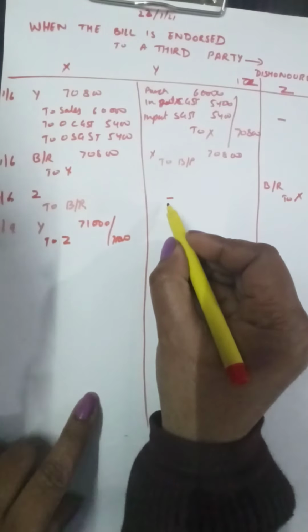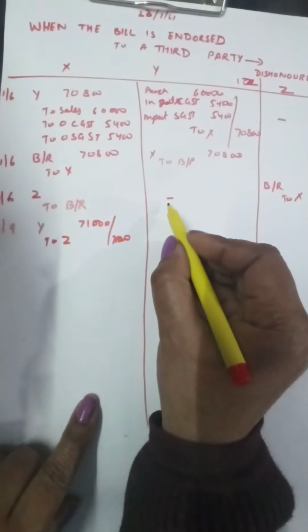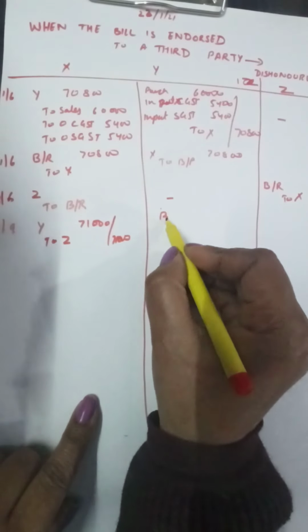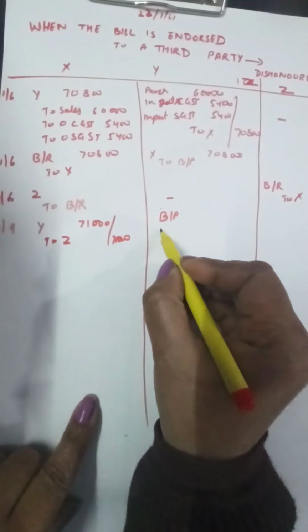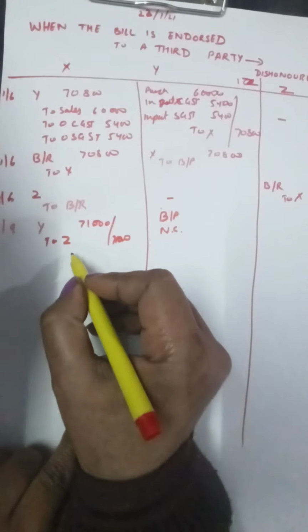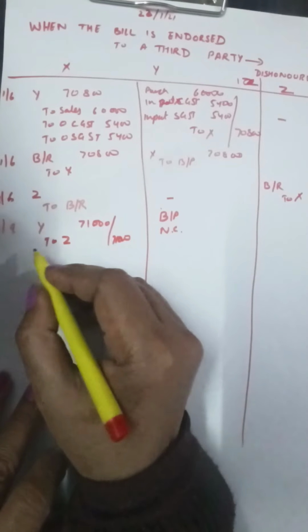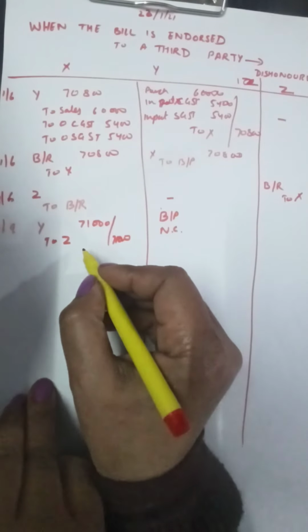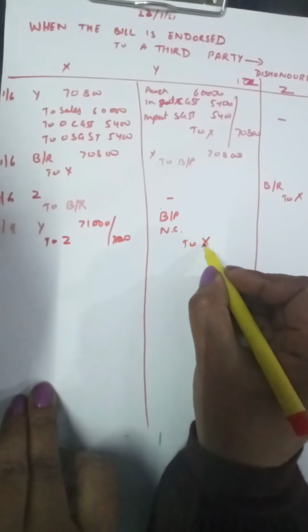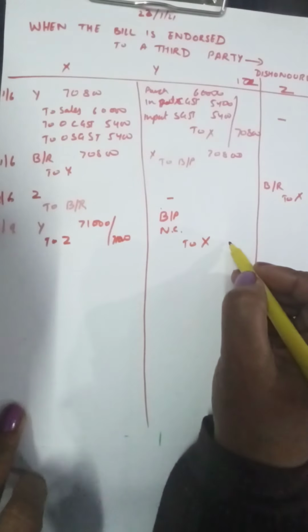And what will be in its books? Bills payable, it is dishonor. Bills payable, noting charges, it is Y to Z. The bill is endorsed on 4th of September. The bill is dishonored. So bills payable, noting charges to X. Amount you keep on writing.